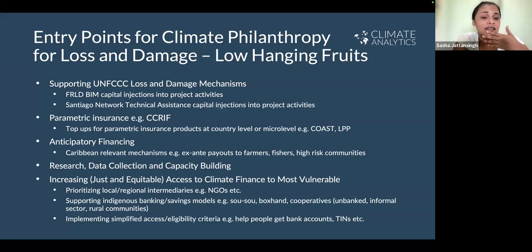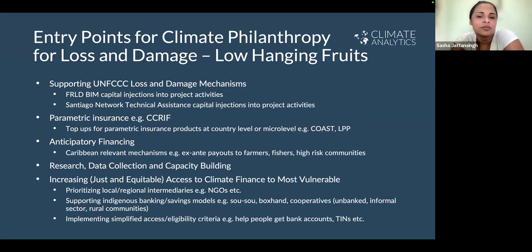So one of the things the Santiago Network is doing right now is issuing calls for technical assistance by countries. It's really for countries to help understand and develop loss and damage national strategies, policies, institutions and so on, to improve their policy and institutional capacity, and also prepare them to be able to access loss and damage financing.